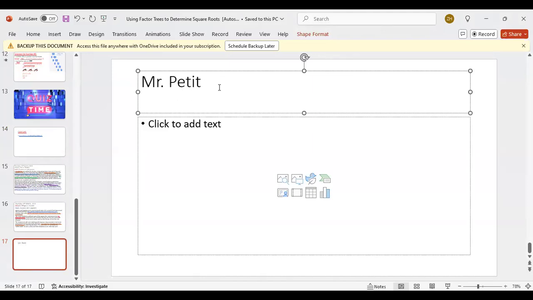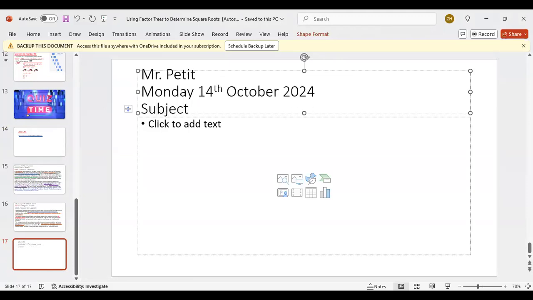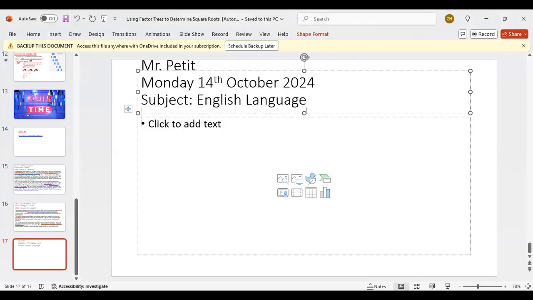So my name is Mr. Petit. Today is Monday the 14th of October, 2024. Subject is, of course, English language. Andrea Barnaby, are you writing this down? Yes, sir.